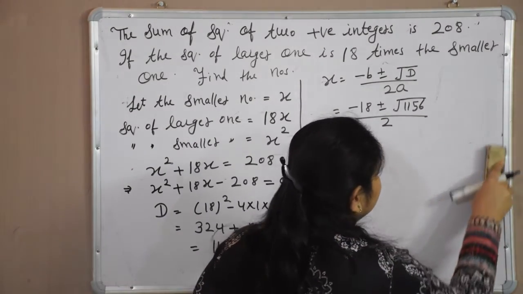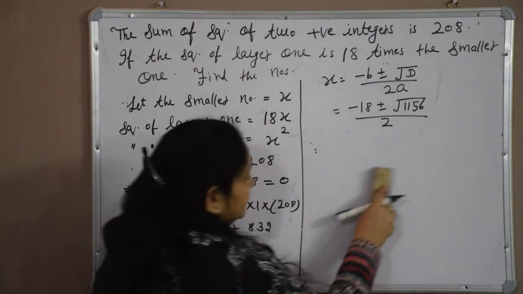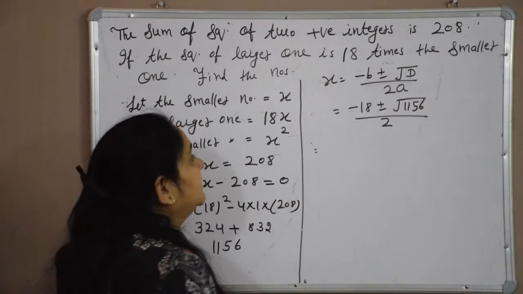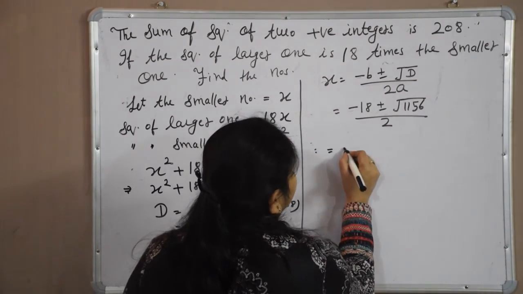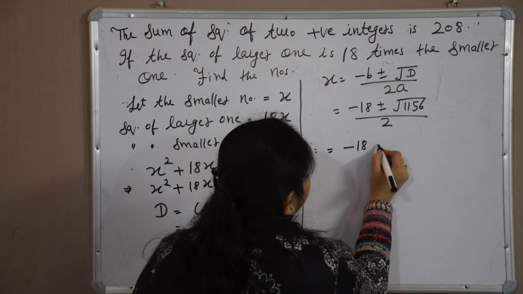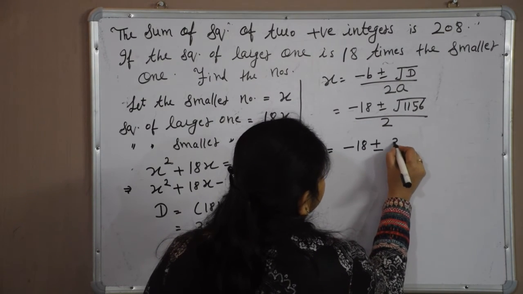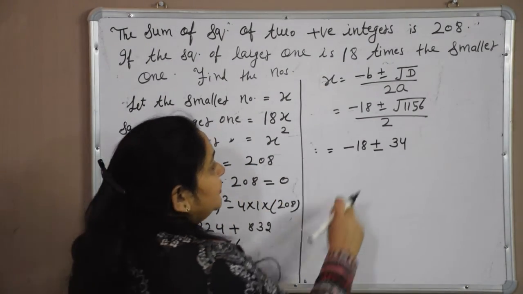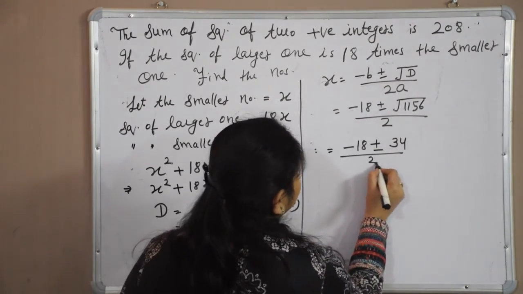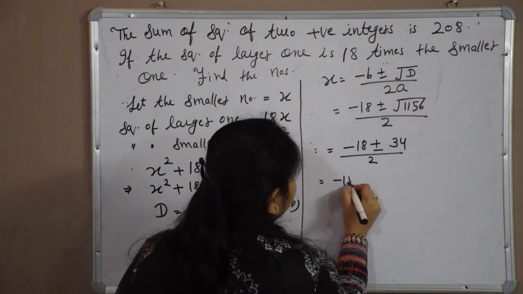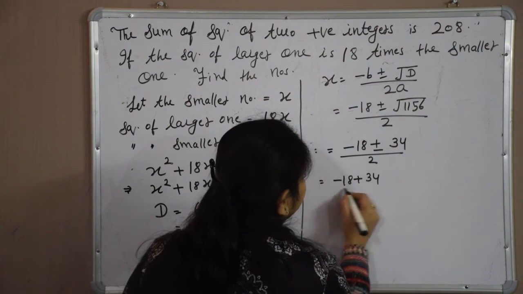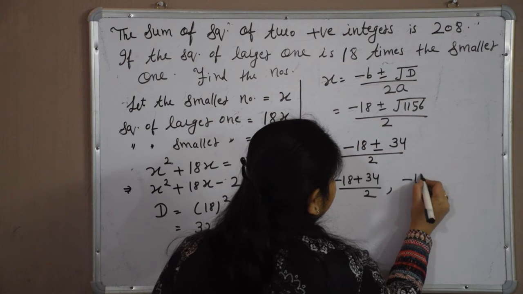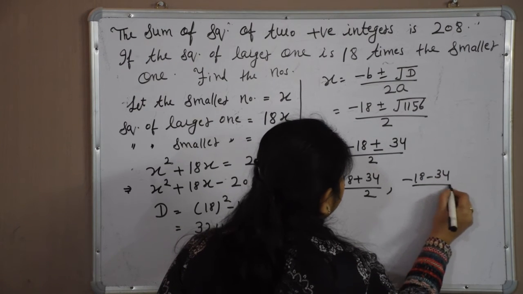In further questions also, if there is such a type of question, I will explain again. Minus 18 plus minus 34. We got 34 here, divide by 2. Now there are two cases, minus 18 plus 34 divide by 2 and minus 18 minus 34 divide by 2.